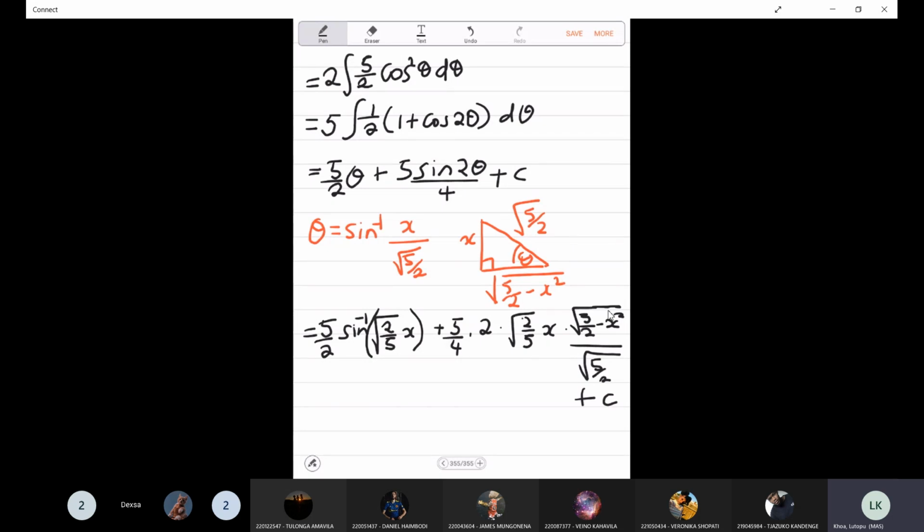Then we just want to rewrite this so that it looks better. So let's see. This 2 here and that 4 there can cancel to leave a 2 in the denominator.